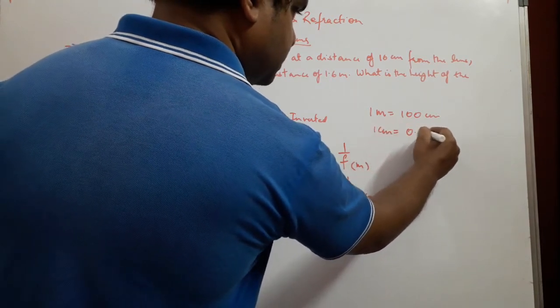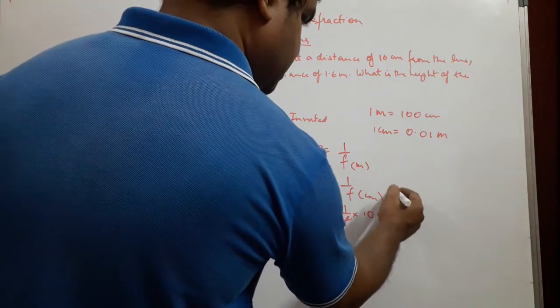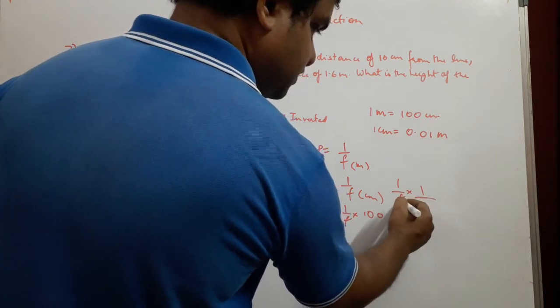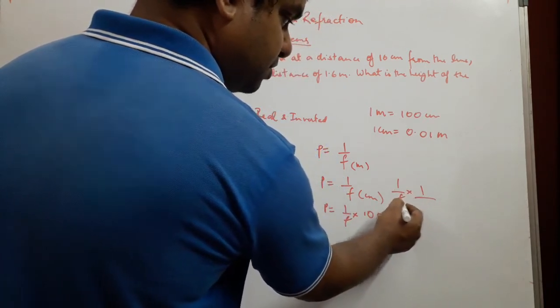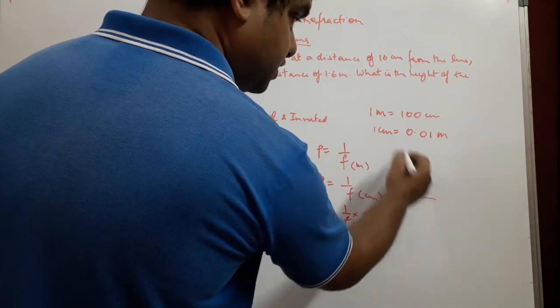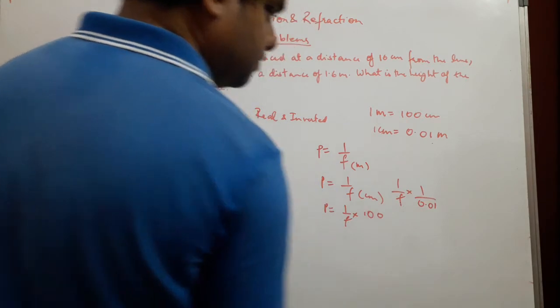becomes 0.01 meters. So when we have 1 upon F, since focal length is in the denominator, from centimeters, when we convert it to meters, we actually multiply it with 0.01.